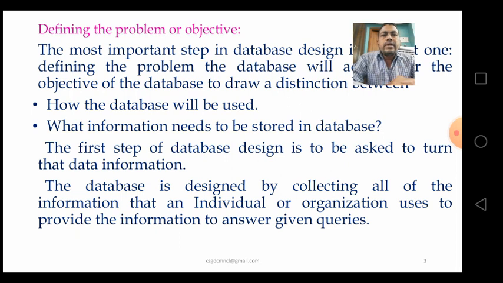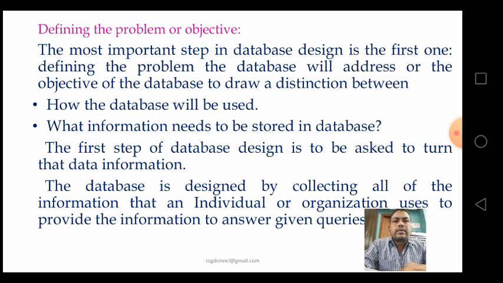The most important step in database design is the first one: defining the problem the database will address, or the objective of the database, to draw a distinction between how the database will be used and what information needs to be stored in the database.